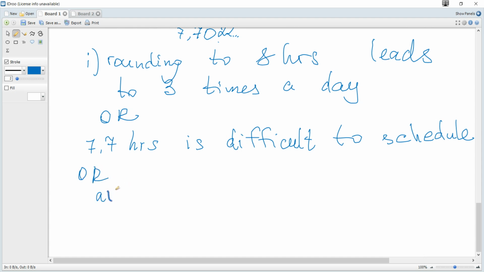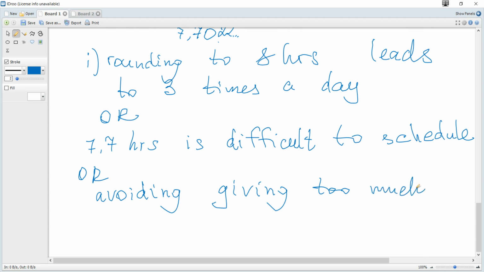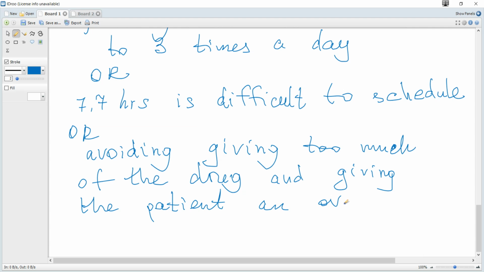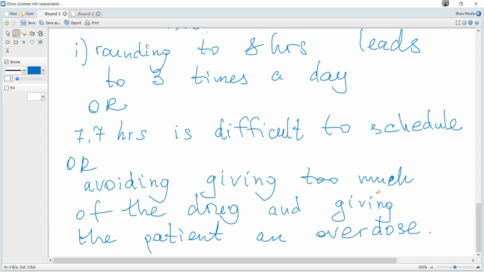Or avoiding giving too much of the drug, and giving the patient an overdose. And that's all for this question.